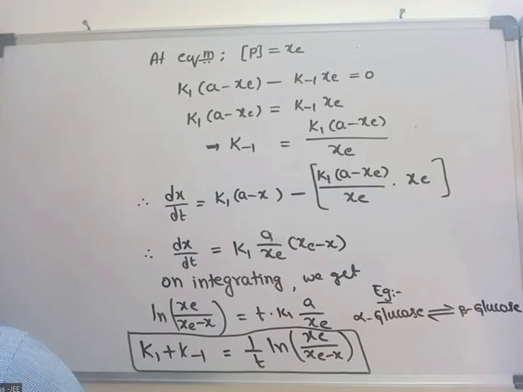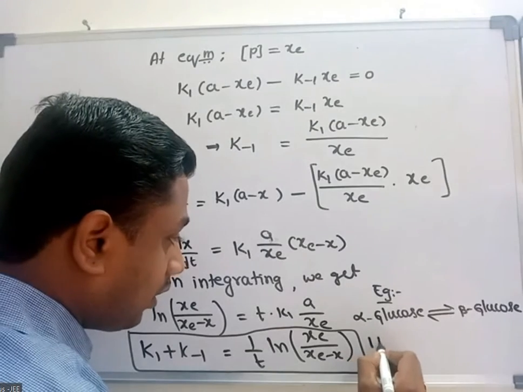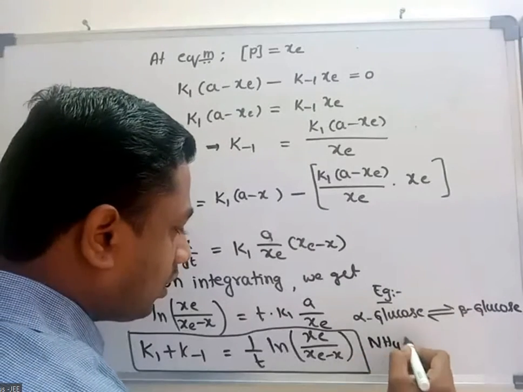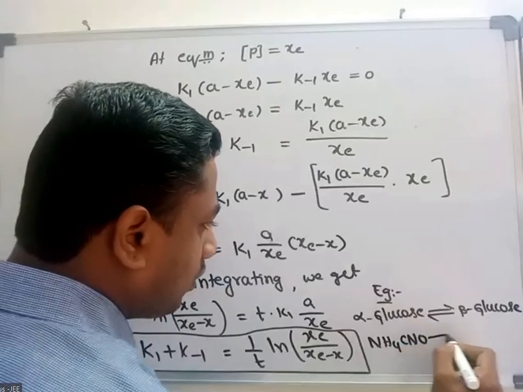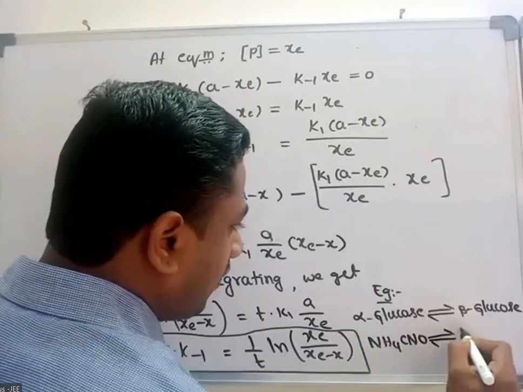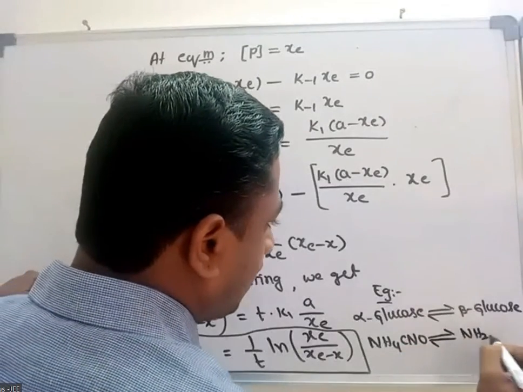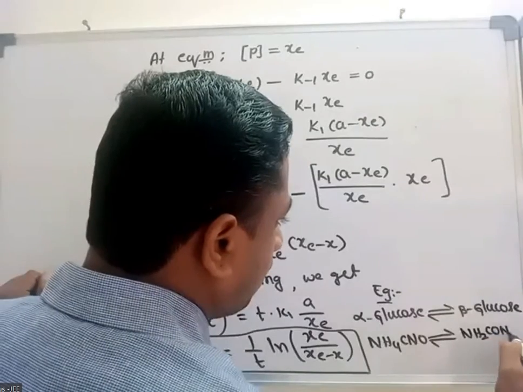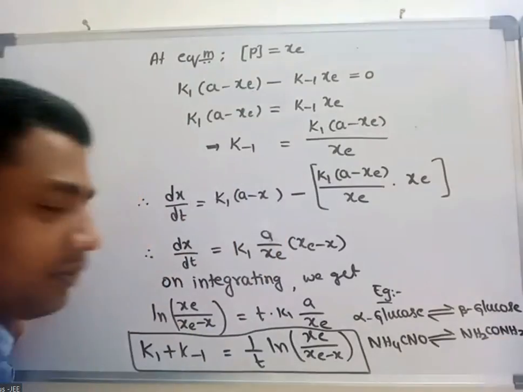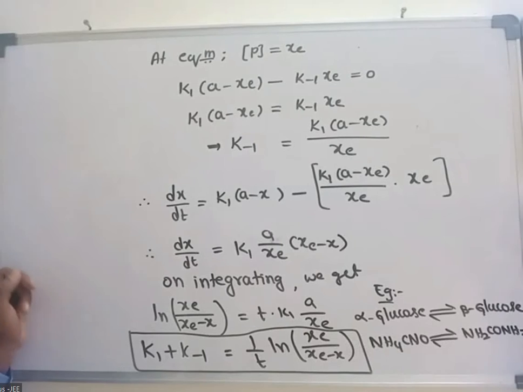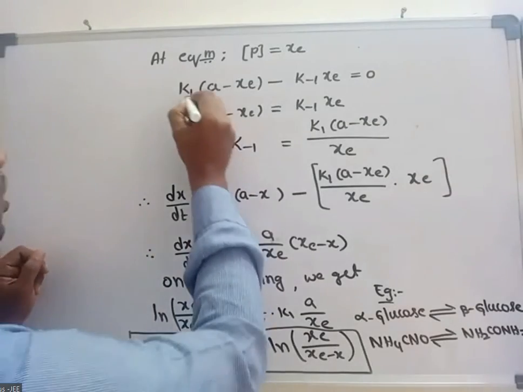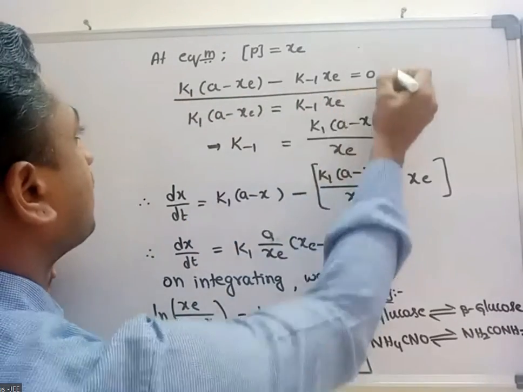Ammonium cyanate, NH4CNO, which is in equilibrium with urea, NH2CONH2. These are equilibrium reactions. Yet the most important point regarding those equations is this one.